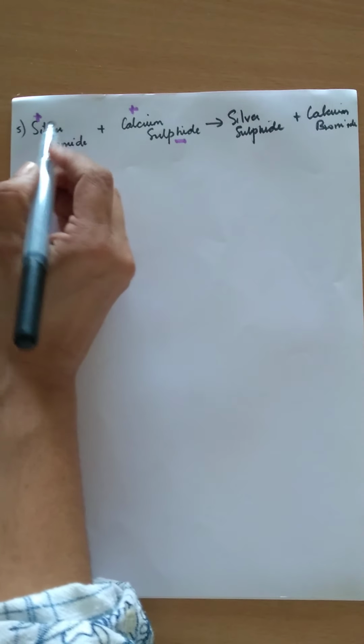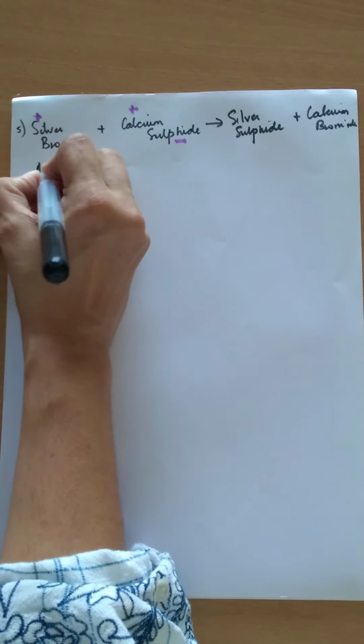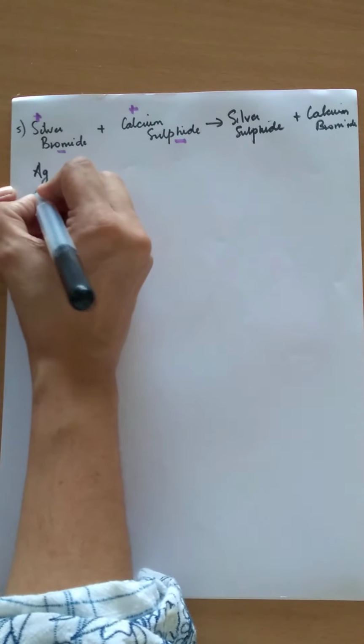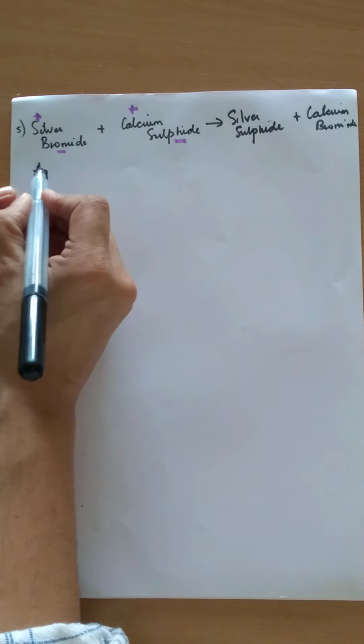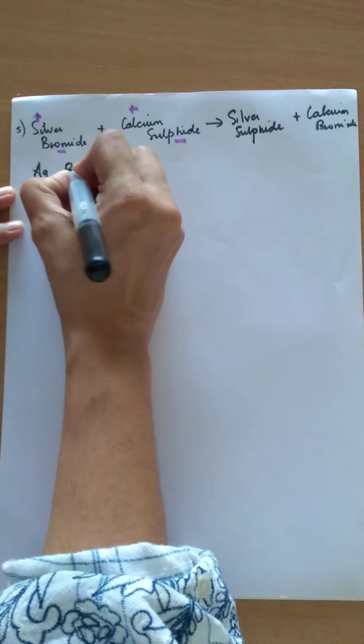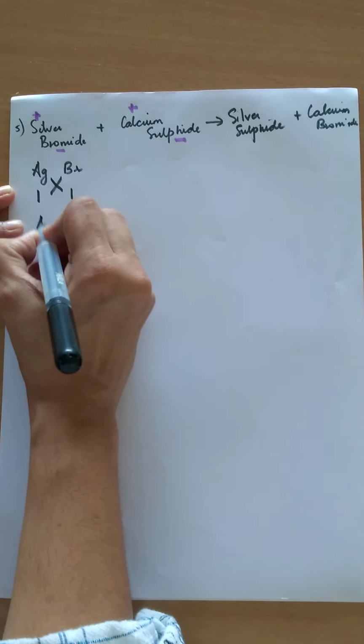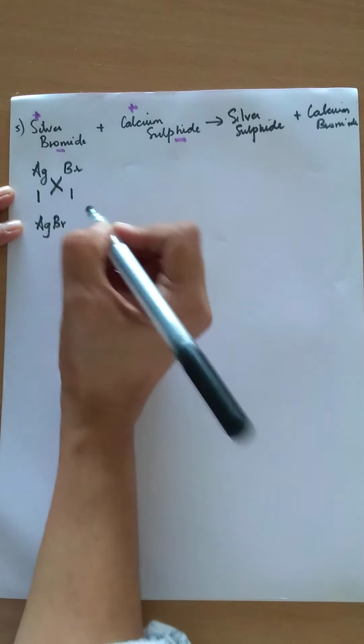So silver, the symbol is Ag, valency of silver is 1. I've given you the list of different atoms which have valency 1, valency 2, valency 3. So you have to study that list. Okay, so silver valency 1, bromide valency 1. So after you cross multiply, you will get AgBr.